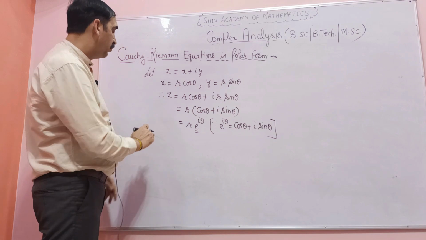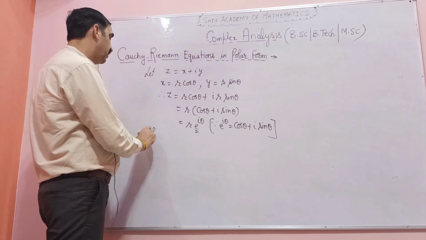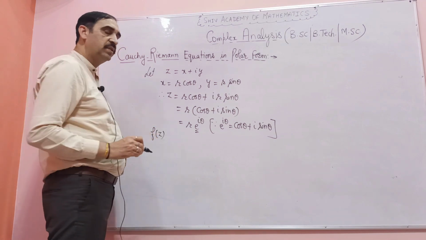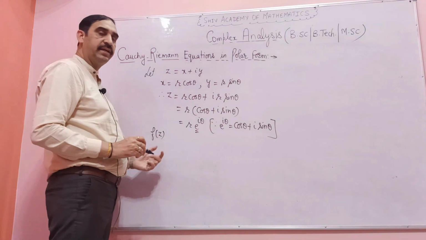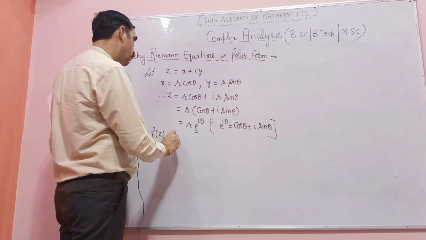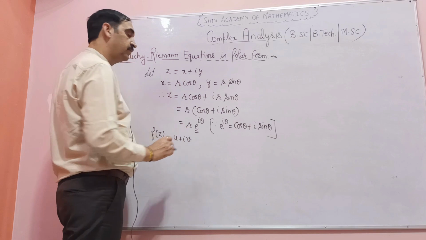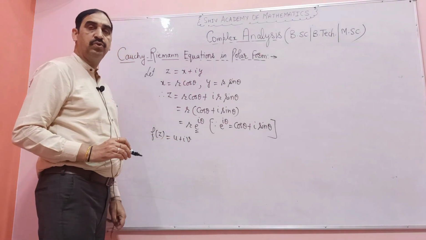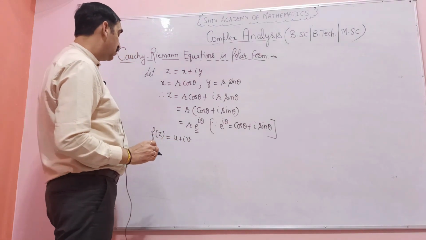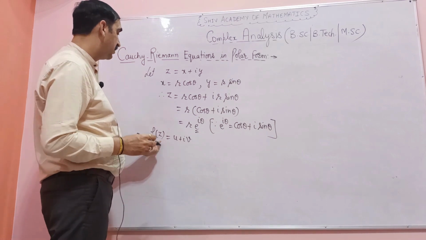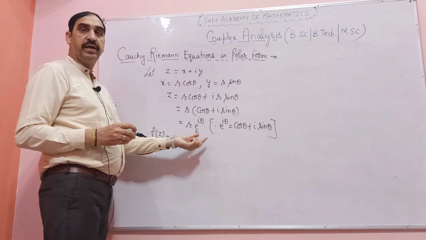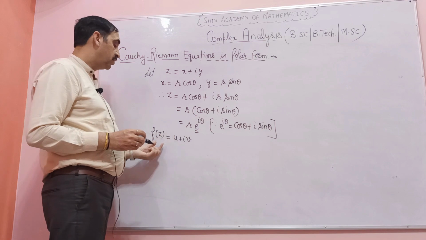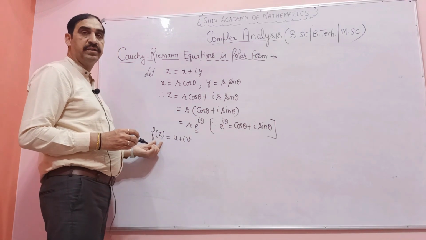Now we take f as the function of the complex variable z, f(z) as u plus iota v. You know very well that the value of z is r e to the power iota theta, so we put z equal to r e to the power iota theta here.